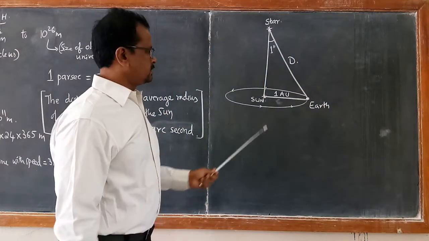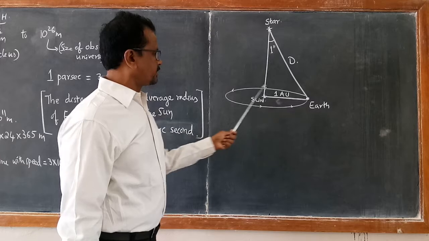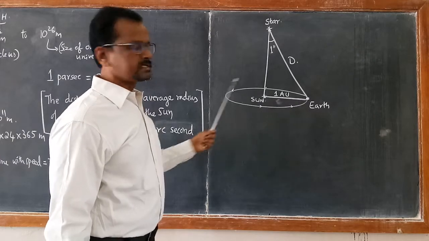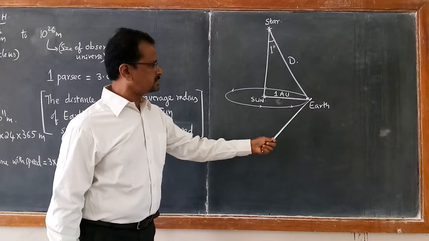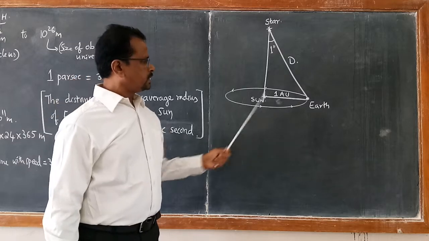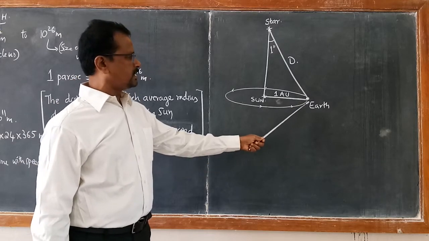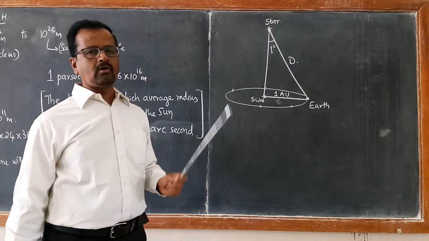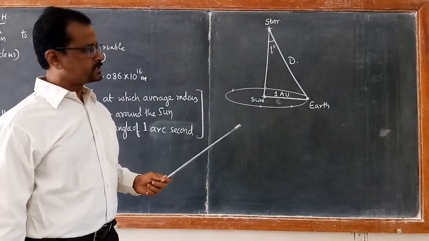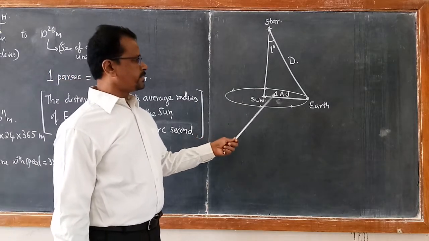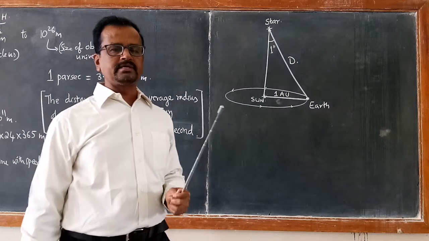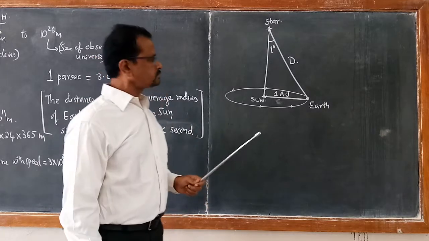Let us understand. This is the Earth revolving around the sun. This is the orbit of Earth around the sun, and we know the average distance of Earth from the sun is called 1 astronomical unit, and 1 astronomical unit is 1.496 into 10 raised to 11 meter.